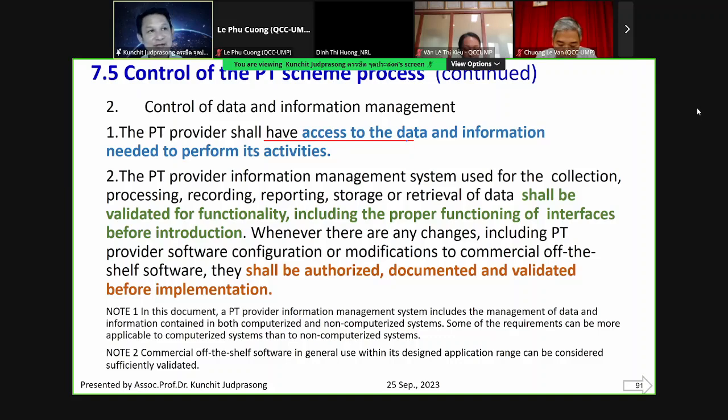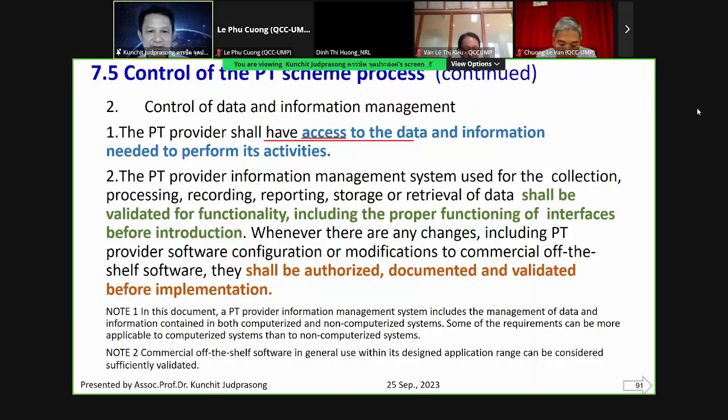Some labs may say, okay, we have security only on the computer, for the Excel file we don't have it. Okay, it depends on you. But who can access? You have to have a list of who can access this data, who can access this computer.